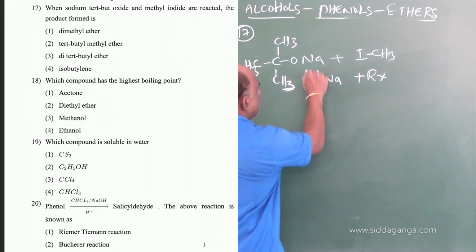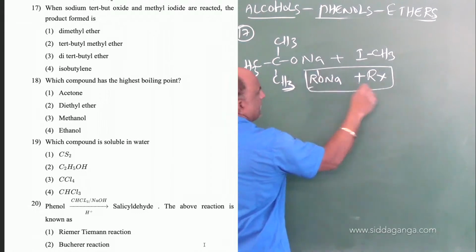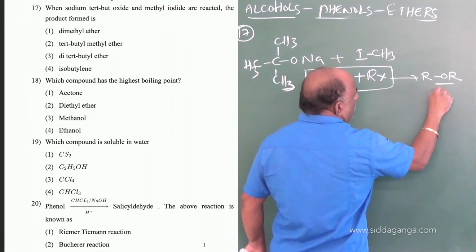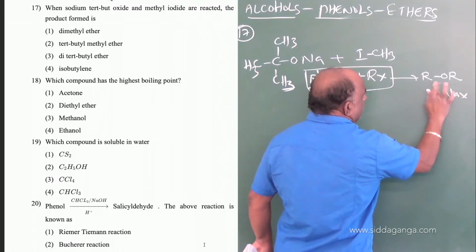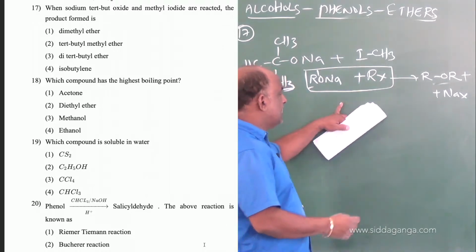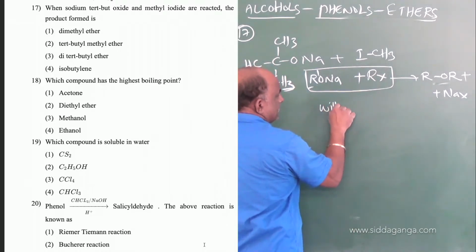RX plus RONa gives ROR plus NaX, which means formation of ether. This reaction is called Williamson synthesis.